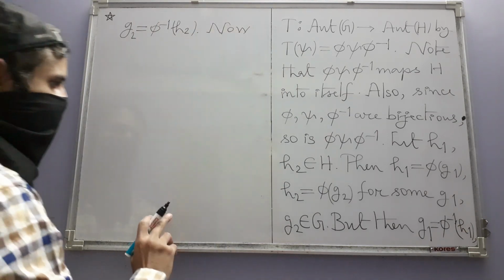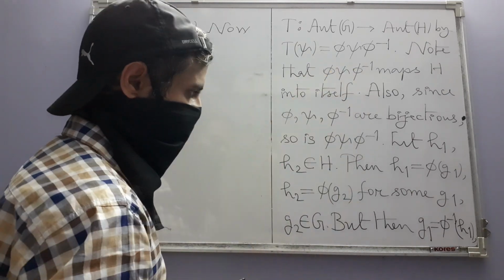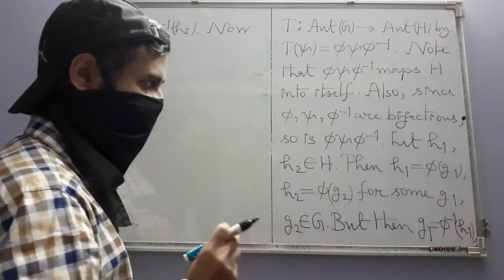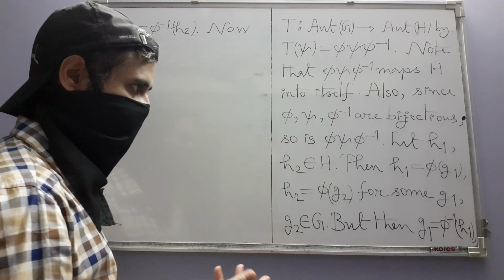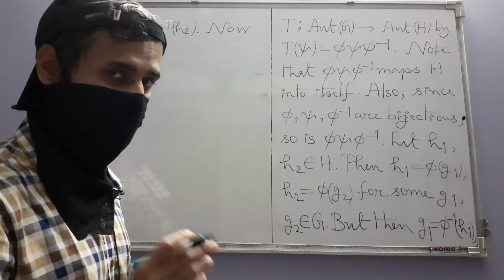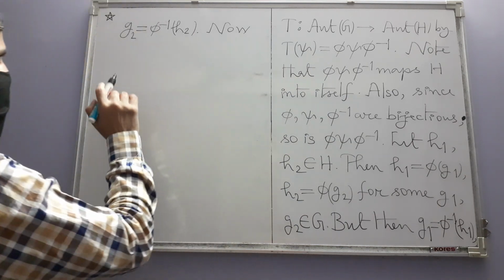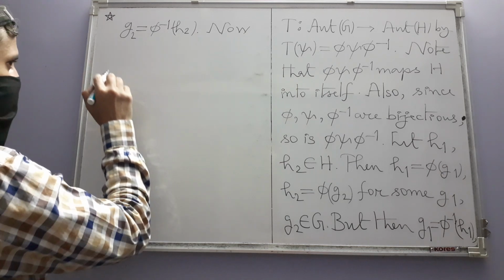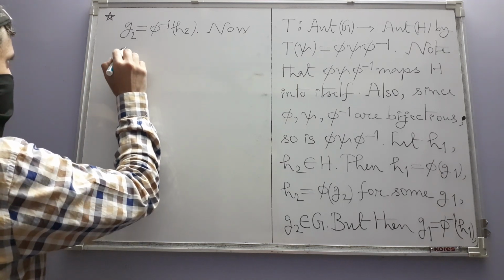Now let us apply this composition function on the product H1, H2 in order to see whether it respects the binary operation. So that means what we are saying is this.